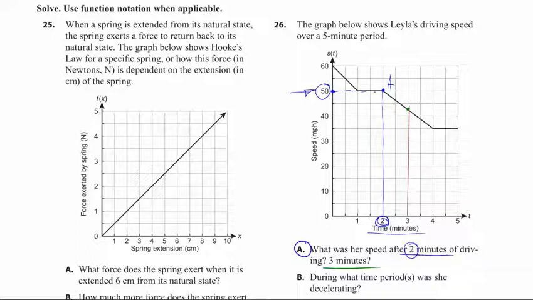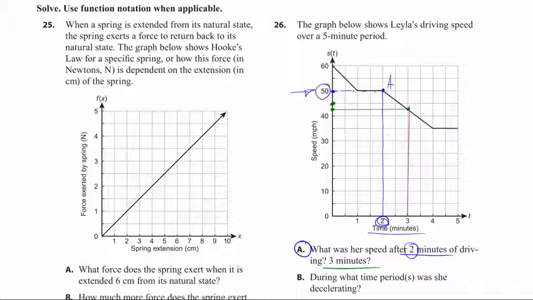From this point, as in the previous problem, I'm going to construct a horizontal line, parallel to the time axis, to the x-axis, and wherever that line intersects the speed axis, that will be the speed of Layla's car, motorcycle, bicycle after 3 minutes, right?